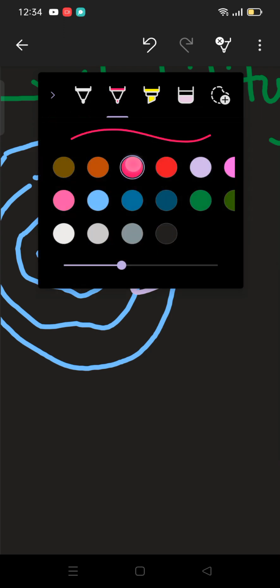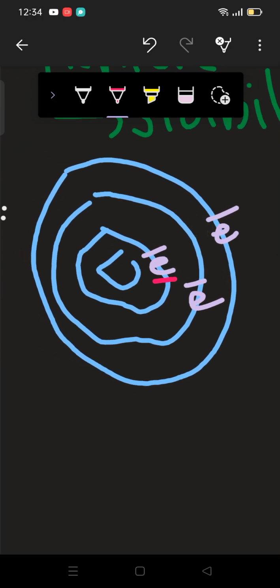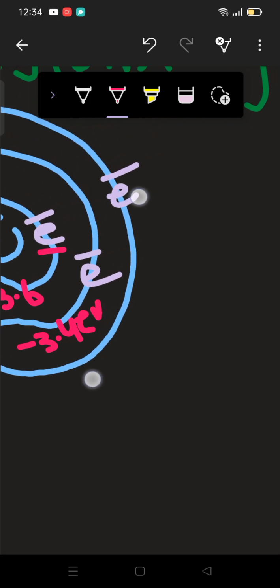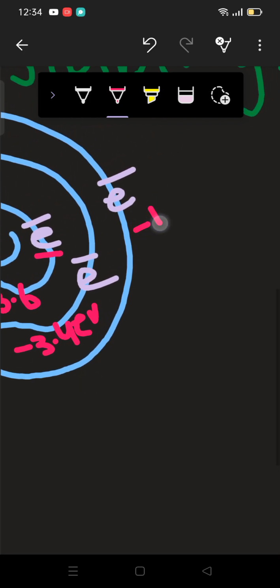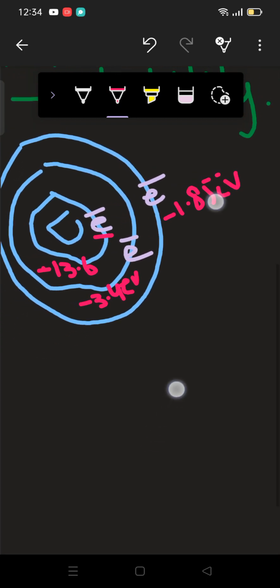We have discussed each and everything in atomic structure as well. This shell will have lower energy, minus 13.6 electron volt, right? Then here we will have higher energy, minus 3.4 electron volt, which is greater than minus 13.6, right? Then we have minus 1.85 electron volt, which is greater than minus 3.4 electron volt.